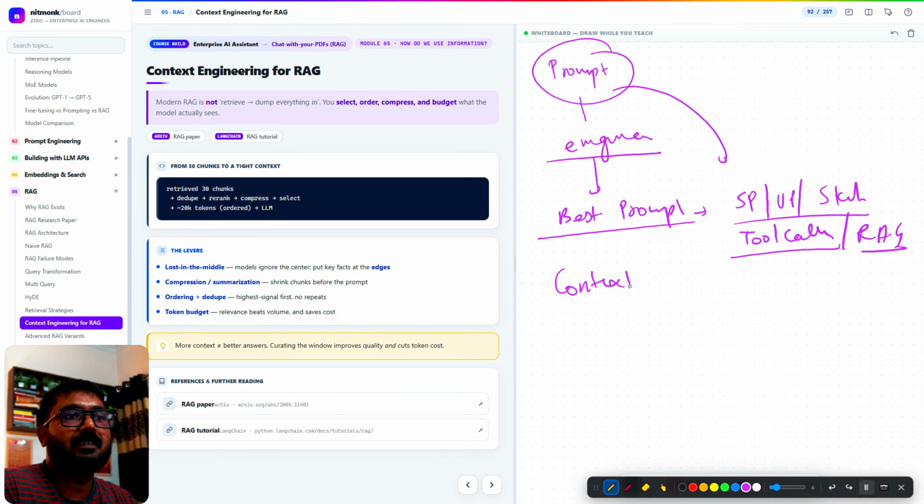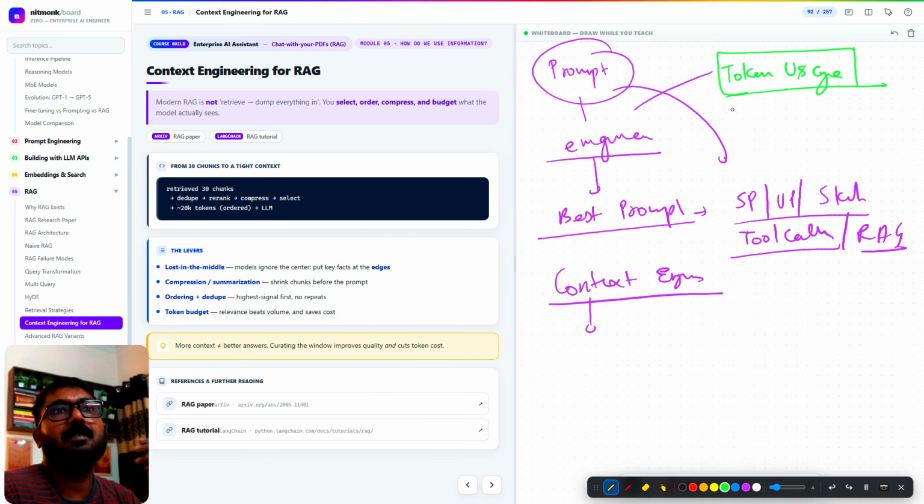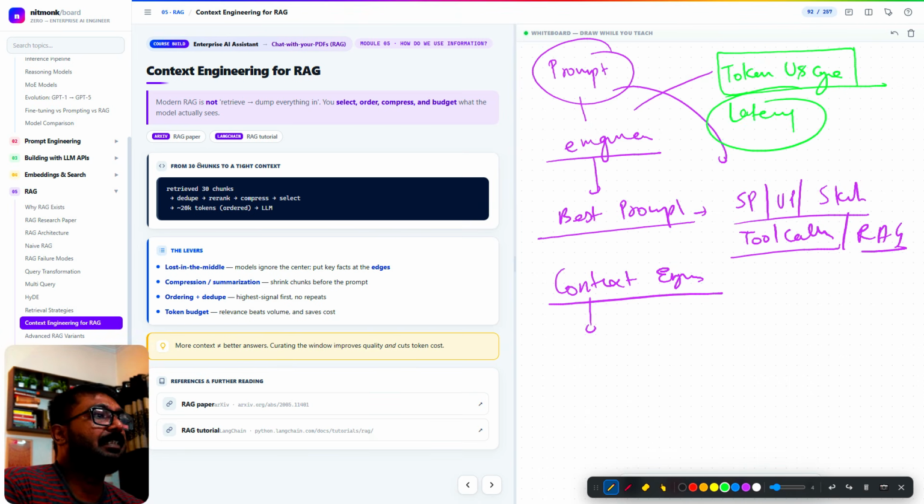Similarly, there is context engineering. Here also we talk about how to make it better in terms of token usage, because token usage is the main, bigger problem that all these enterprise companies will have, and also latency, right? So context engineering is about going from 30 chunks to a tight context: retrieve 30 chunks, deduplication happens, re-ranking happens by encoders and cross-encoders, which we haven't read yet. Compression happens, then they select, right?